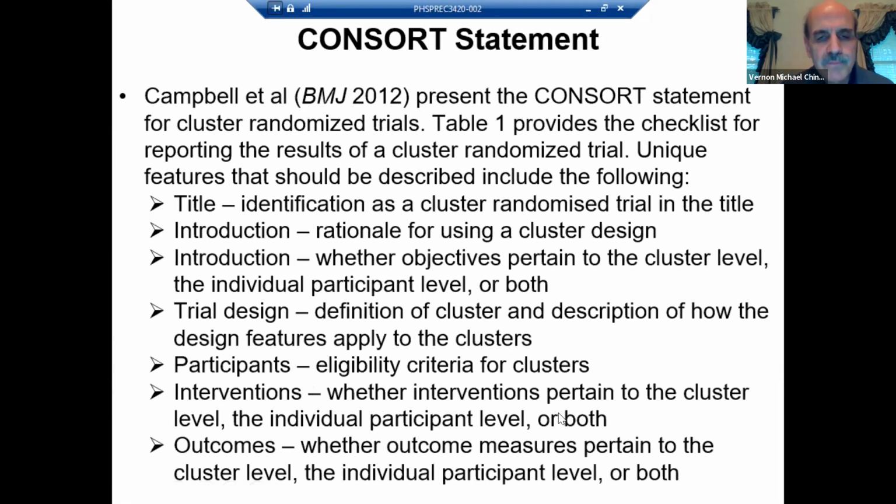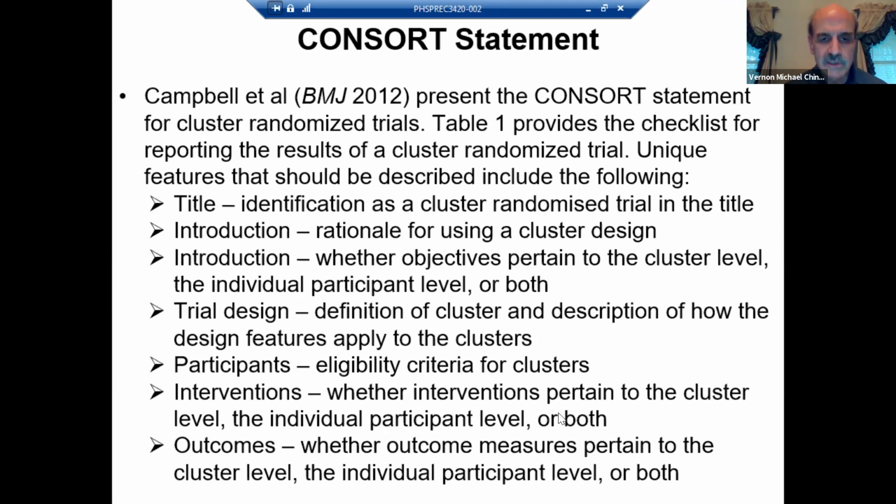Now, there is a CONSORT statement. I'm sure many of you who do clinical trials or are involved with clinical trials are familiar with the CONSORT statement on how you should report the results in your manuscript from a randomized clinical trial. It turns out that in 2012, some of the CONSORT personnel developed a comparable statement for cluster randomized trials.